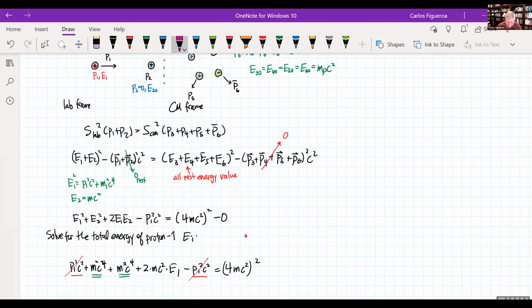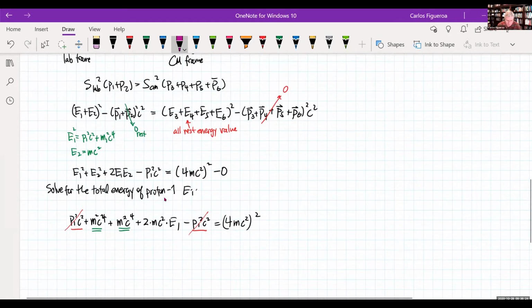Over here, I have 4 of the rest energies because antiparticles and regular matter particles have the same mass. Then I'm going to solve for the total energy of the proton, E1, because I know that E1 has that PC value in here. Then I just continue the algebra.